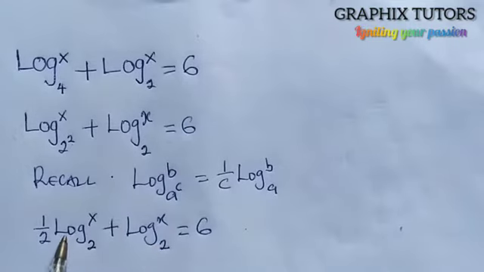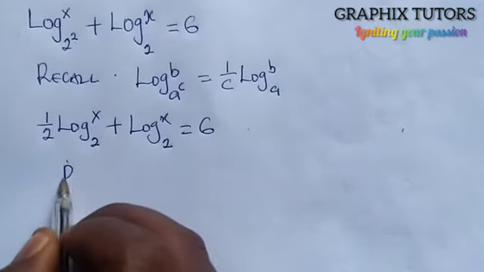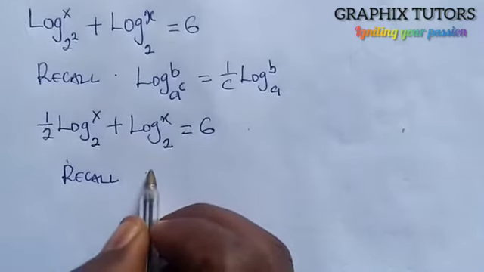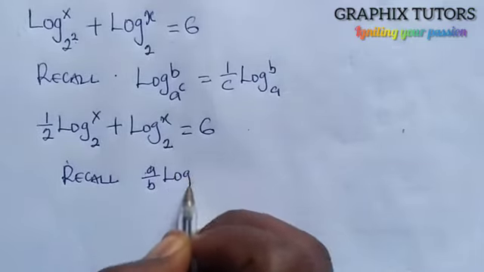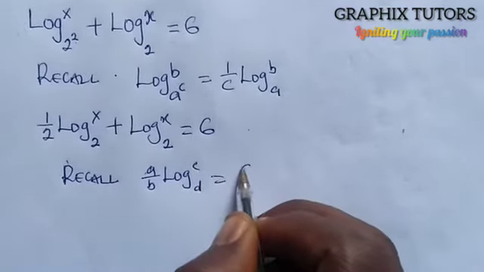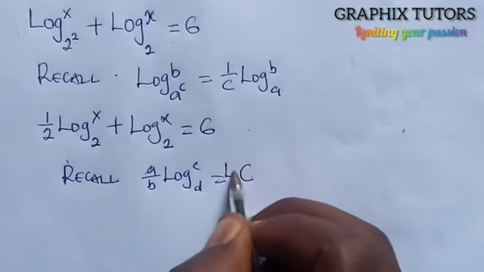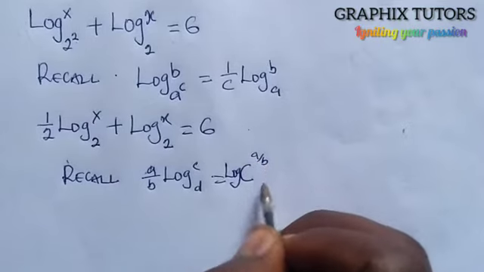Now the way it is, I want the base to be equal and I want both of them to look alike. So there's another law, recall from our previous video. The law says a over b log c d will give us log c raised to the power of a over b, then d.